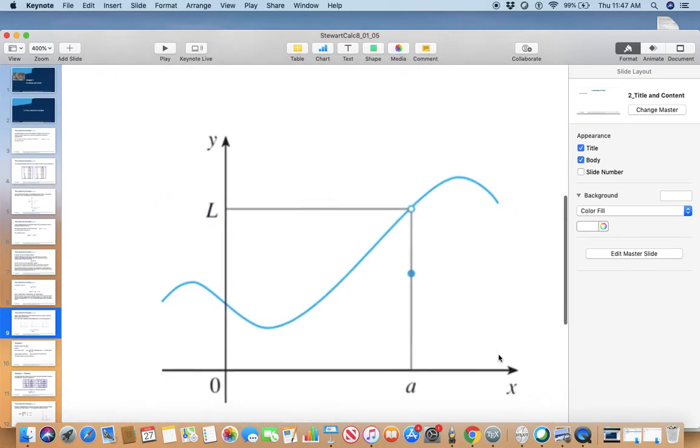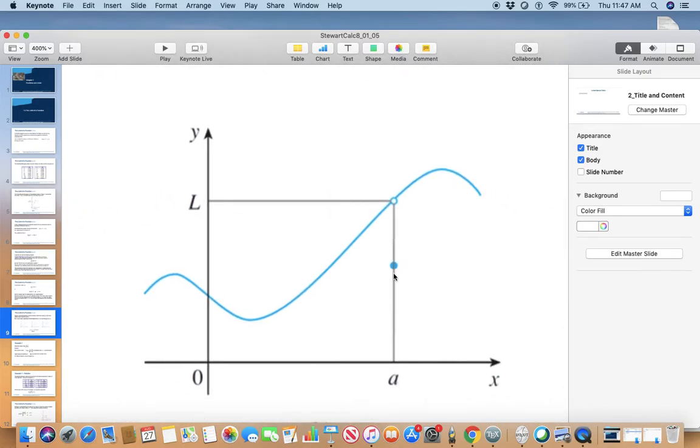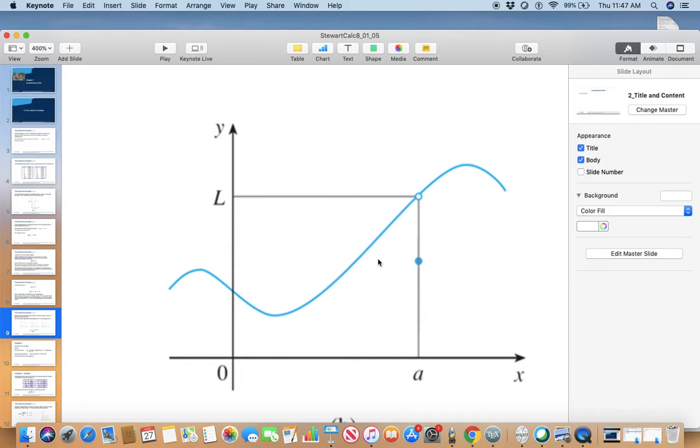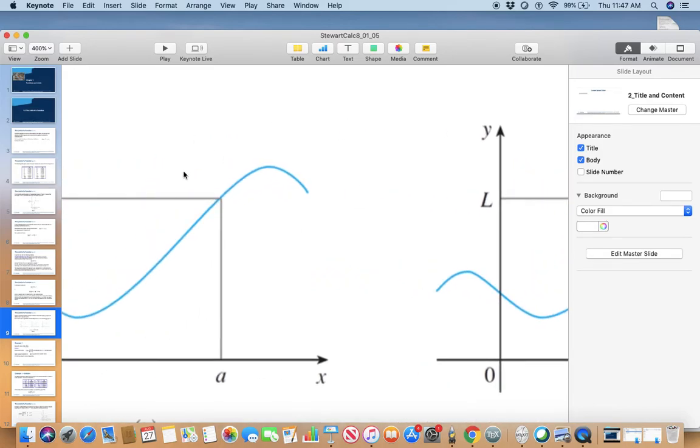Look at the second example. At a, the value is this. But when x is approaching a, the value is approaching L, whereas this is something far away from L. Likewise, when x is approaching a, the value of f(x) approaches L, height L. That's the difference between here and here.